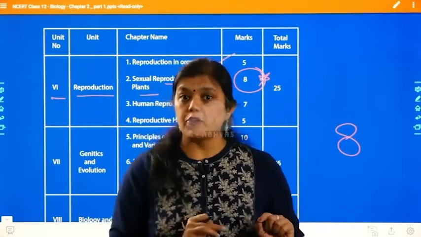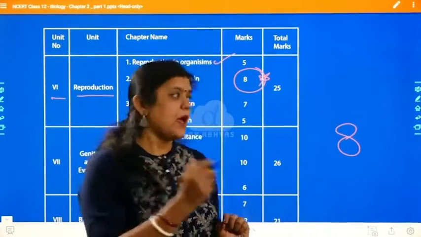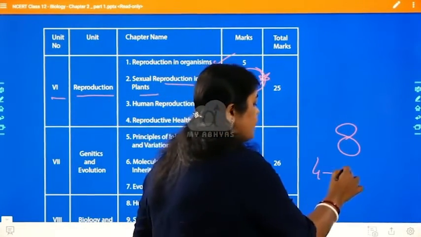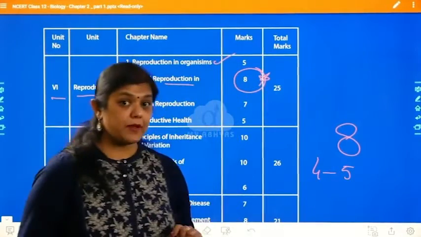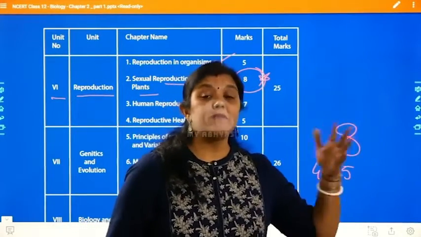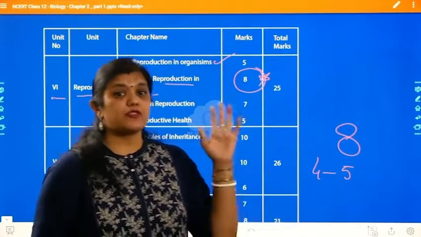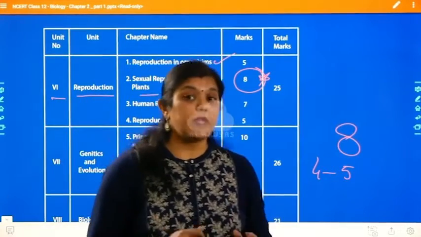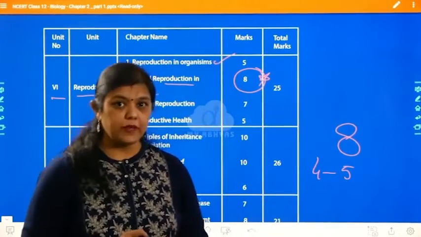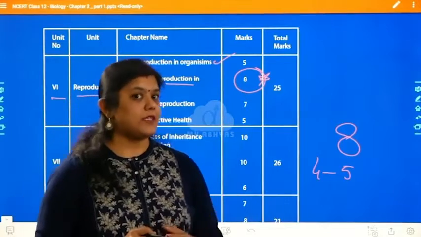And that is quite a lot when you talk about competitive exams. Because you know, right, 4 to 5 questions from one particular chapter will carry around 20 marks. If a question is of 4 marks in NEET, then 5 questions will carry approximately 20 marks. And that is quite a lot to score from one chapter.